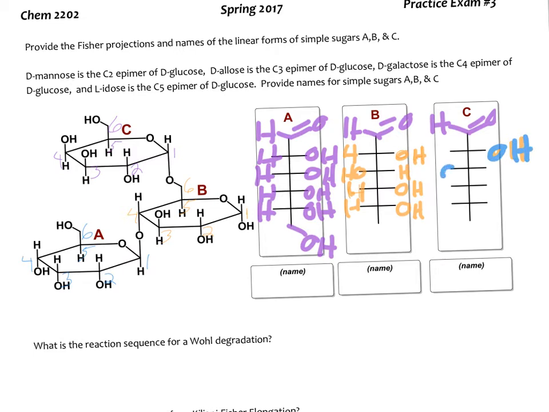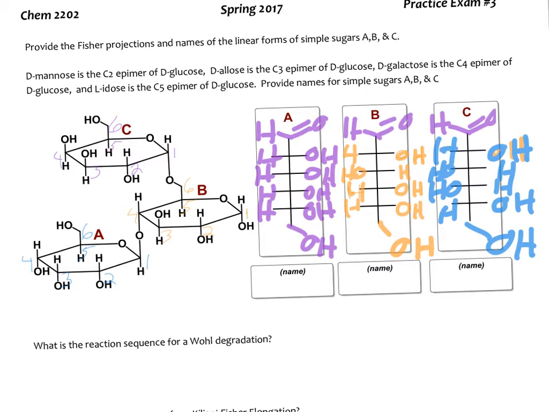C3 OH is on the left because it's up. C4 OH is up, so that's going to be on the left. And again, that CH2OH is up on C5, so the OH will be on the right. We fill in our H's. Don't forget your C6 OH groups.